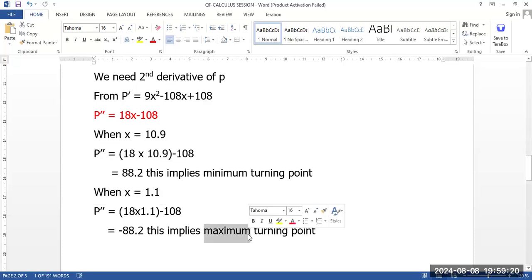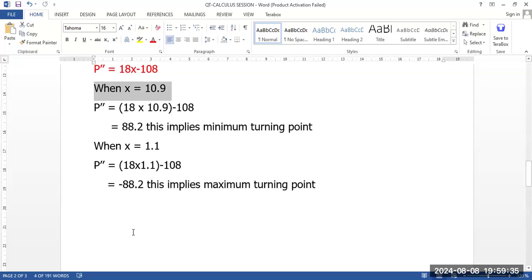If the question was to minimize costs, then the value of x that can help you to minimize is this one. But with our question, they are telling us to maximize profit. And for us to maximize profit, we need the value of x that gives you the maximum turning point.